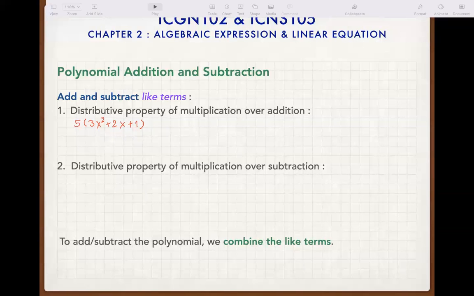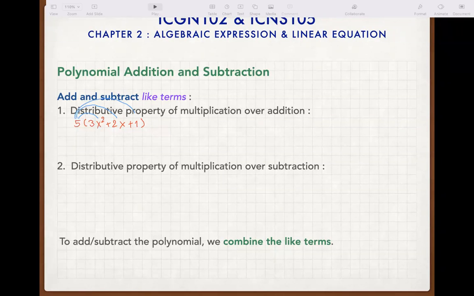You have to distribute 5, sorry, to each term, to be multiplied to each term.